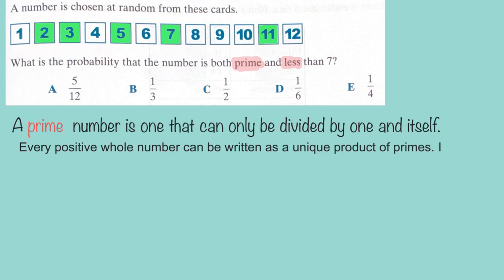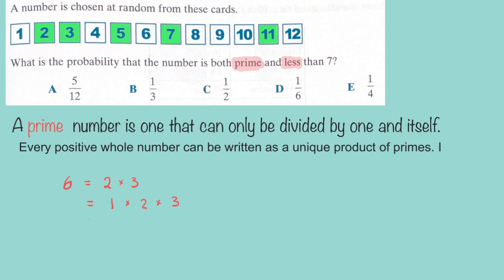Let's say I've got a whole number 6. Now 6 can be a product of 2 primes: 2 times 3, because 2 is a prime and 3 is a prime. If I include 1, that means that 6 could also be a product of 1 times 2 times 3.